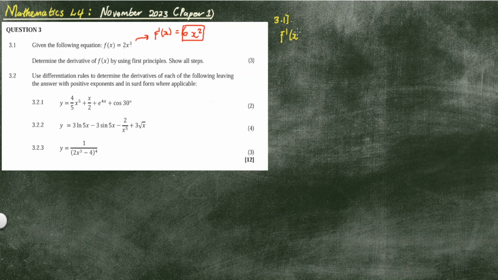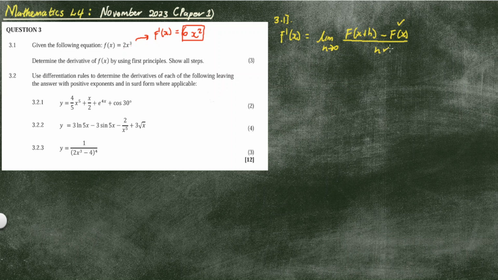f prime of x, the derivative, is the limit of h approaching 0 of f of x plus h minus f of x, divided by h. So we do have f of x.